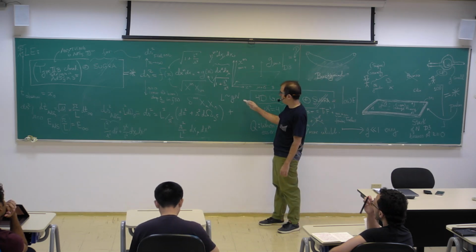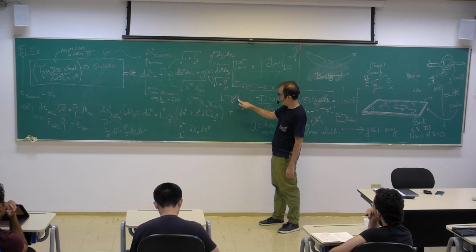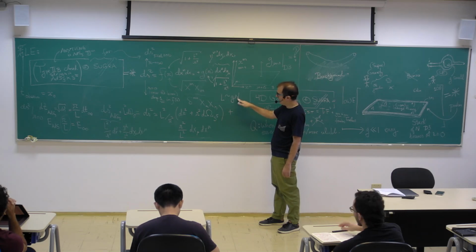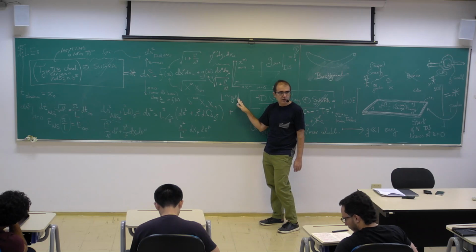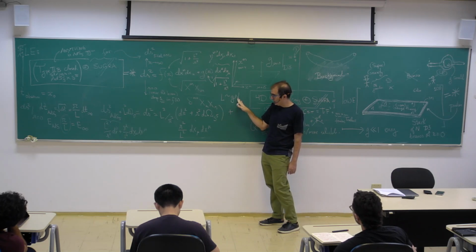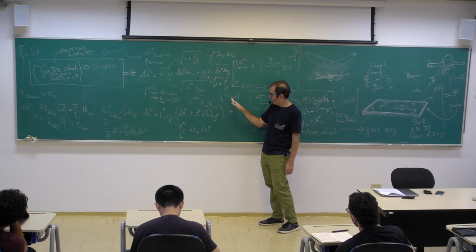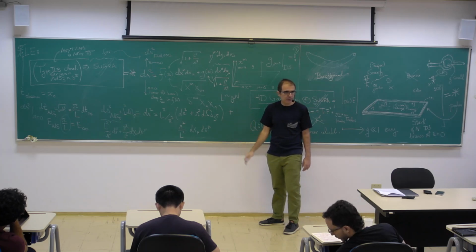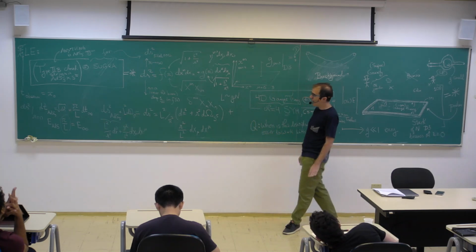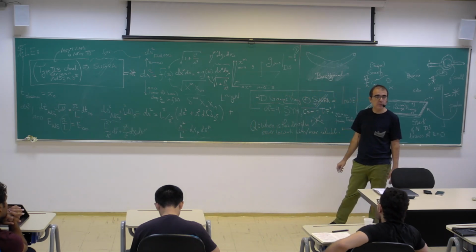Well, if you work out all the elements of the dictionary, you would see that N is related to g string, g times N is related to g Newton. You would have to see, for some things N large is enough. To have really a good supergravity description, you need N large and g times N to be large as well. That would require going into more details than what I can go.